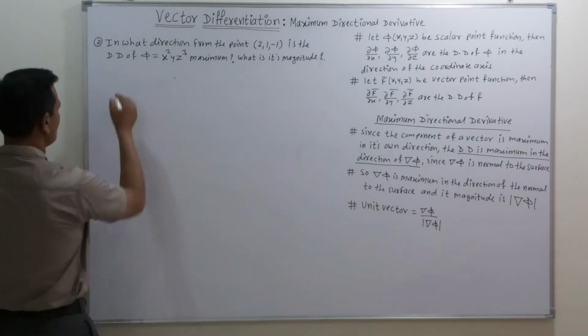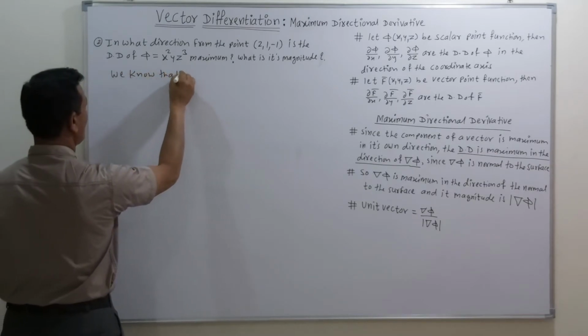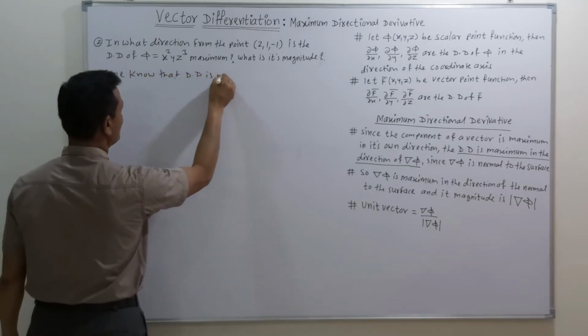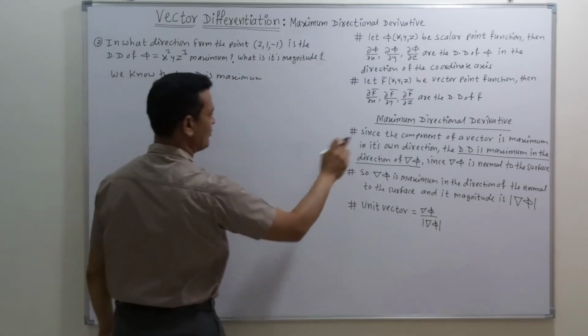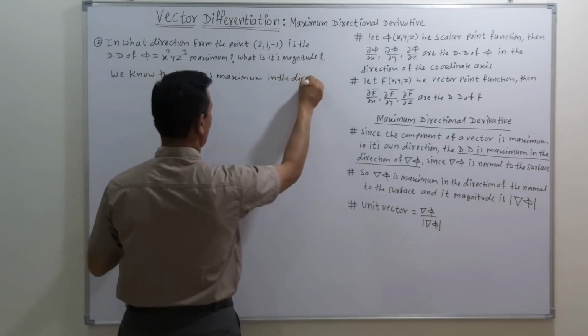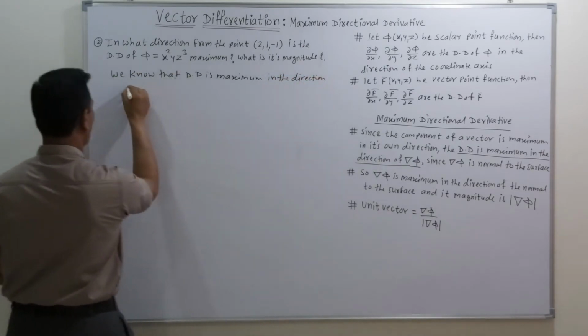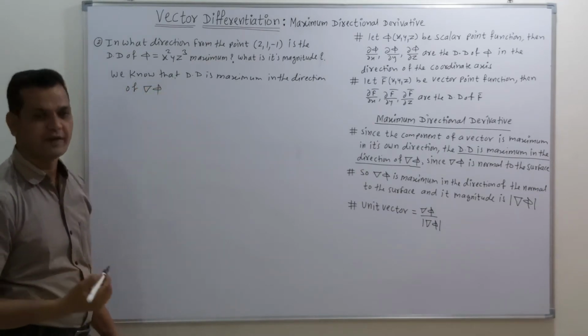So we know that directional derivative is maximum in the direction of del phi. That means our aim is to find out the value of del phi.